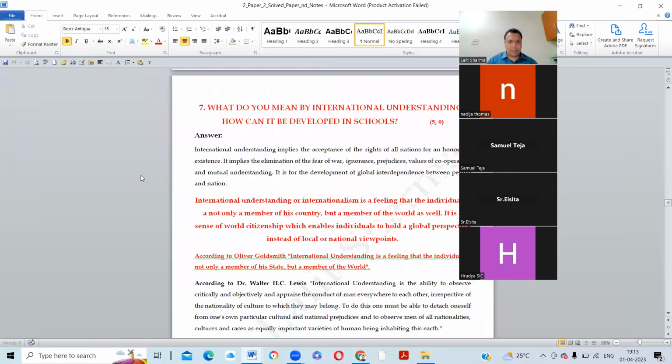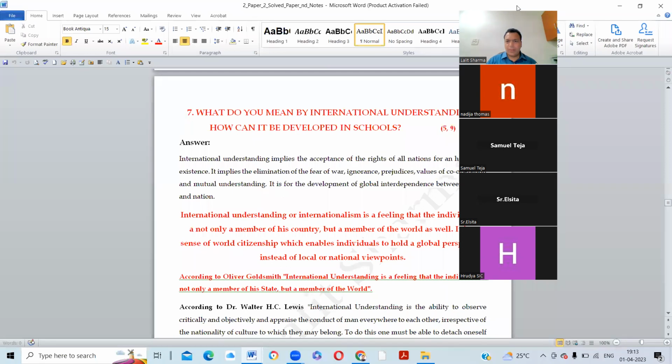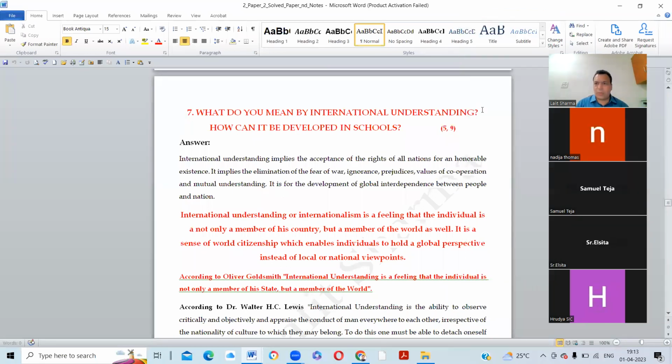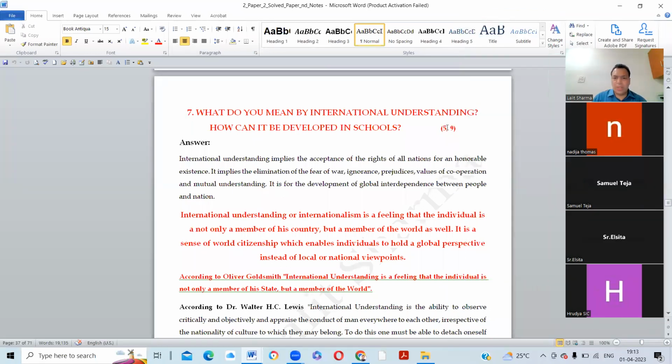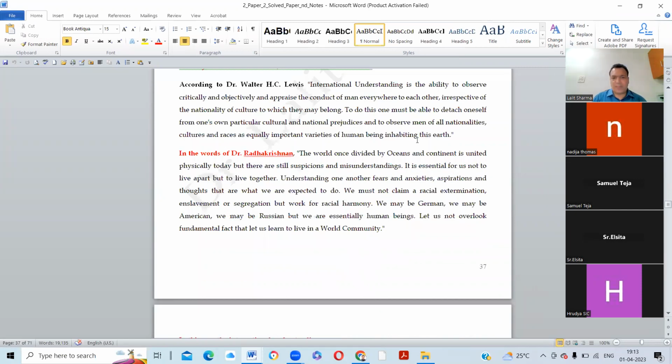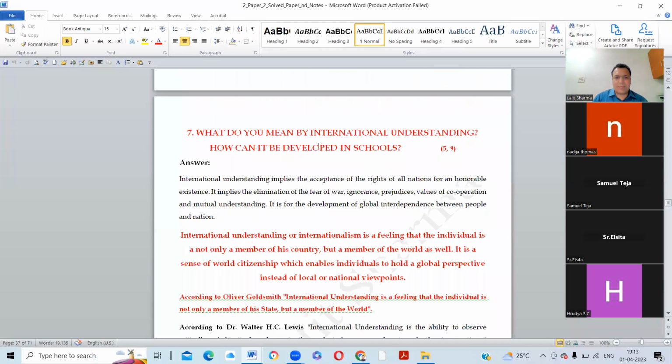If you have a pen you can note down page number 37, because till 36 was the last file. Now in today's file of 71 pages, look at the 7th question.